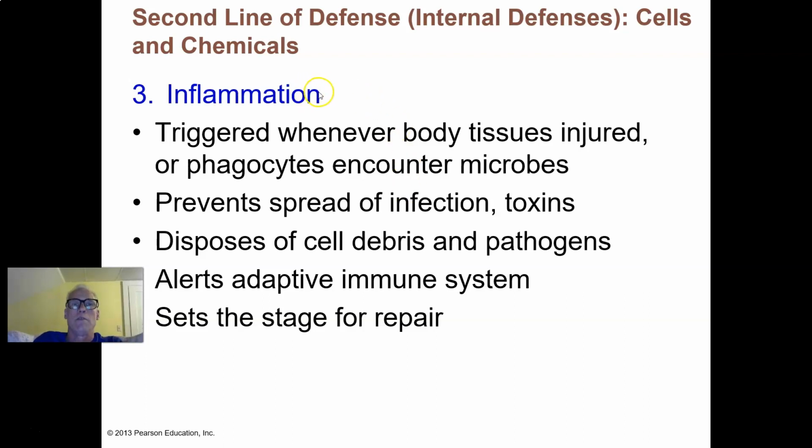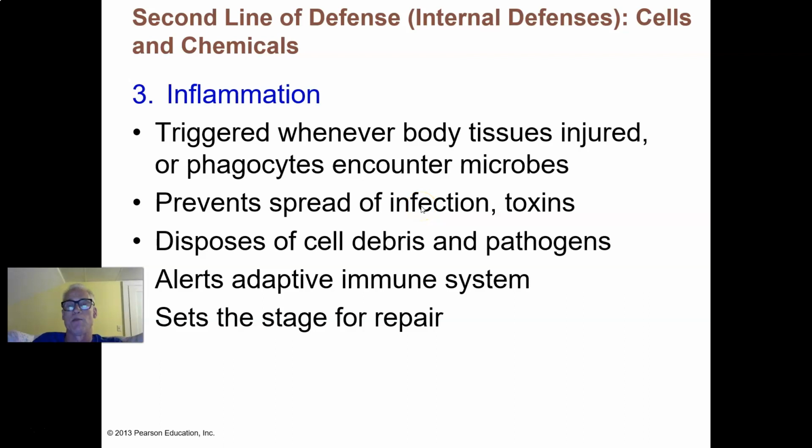Inflammation. Oftentimes it's said that inflammation is the most important of all of these second line of defenses, but the thing is they're directly tied to the phagocytosis, so all these things actually work together. So let's think of that. Whenever you have tissue injury, phagocytes encounter microbes and release those cytokines, you're going to have inflammation activated. It prevents the spread of infection.